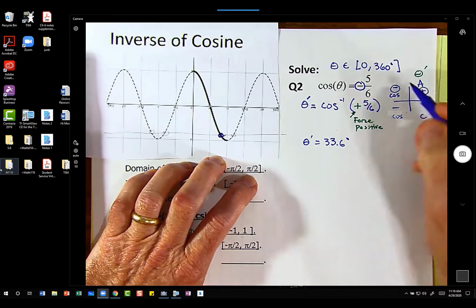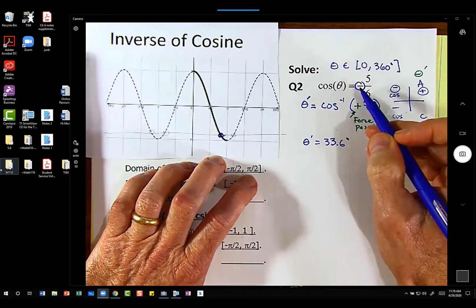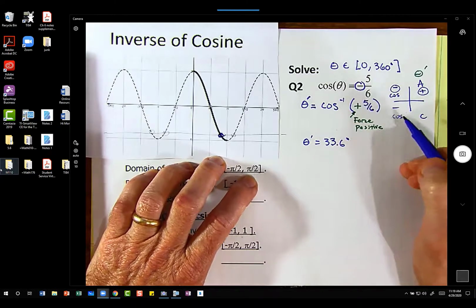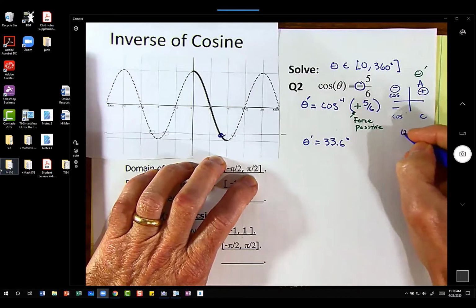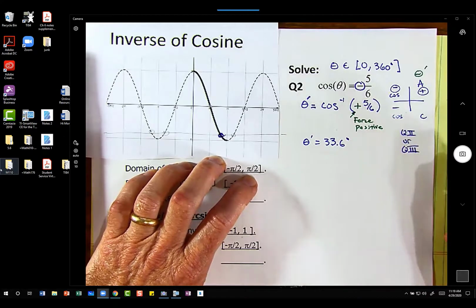And so this theta, whatever it is, to be negative means that theta could be in quadrant 2 or quadrant 3 answers.